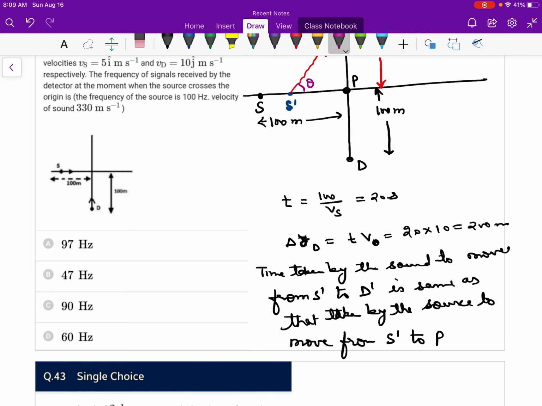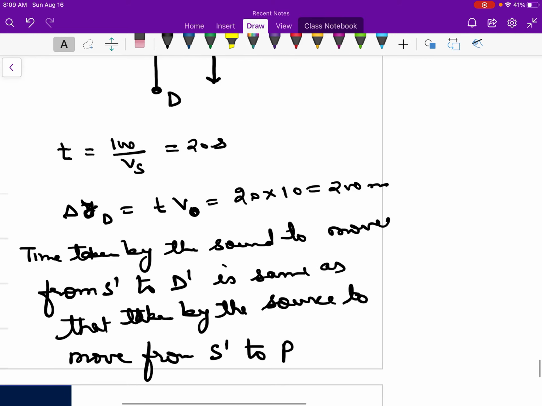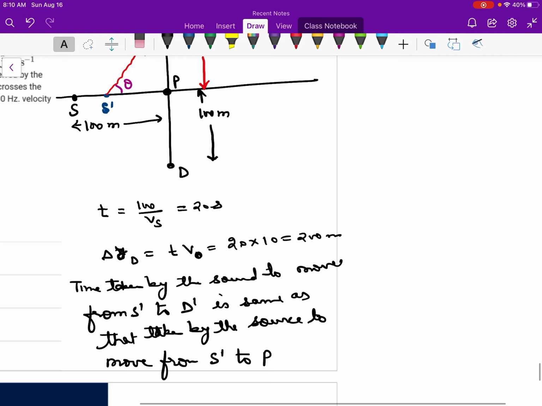So we can say that 100 upon, S dash D dash upon speed of sound is S dash P upon speed of source.